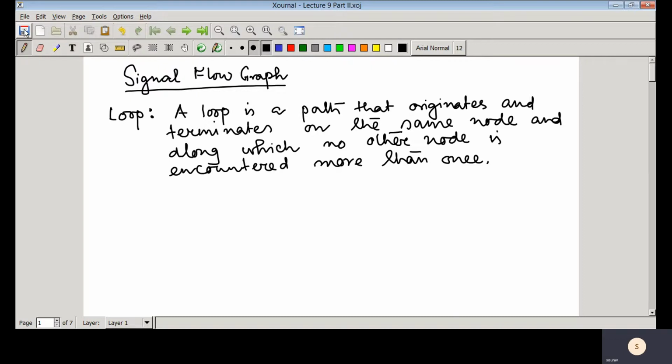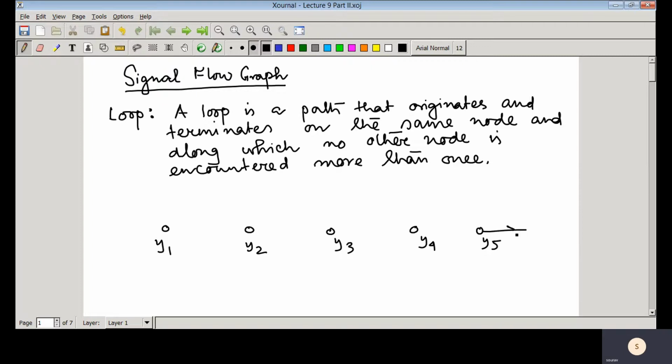So let us draw the signal flow graph that we did in part 1. Here we have the nodes y1, y2, y3, y4 and y5.